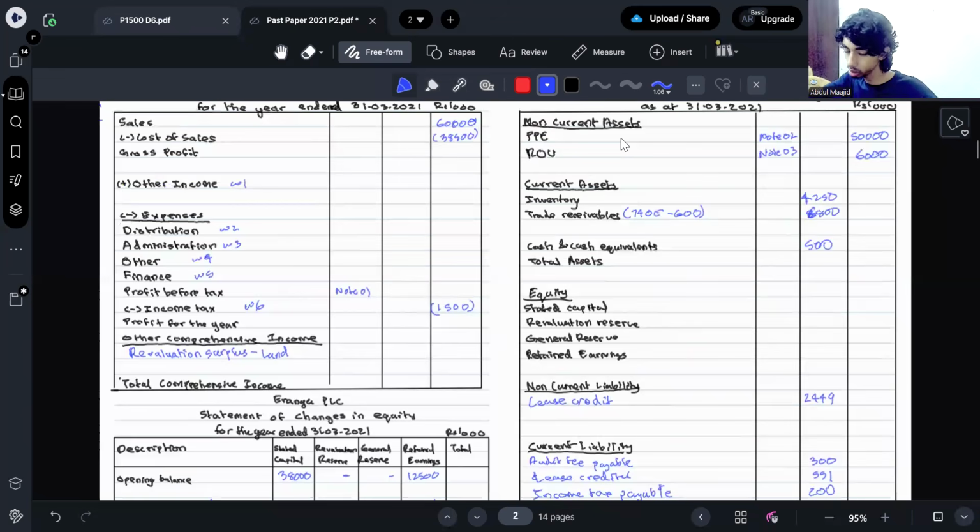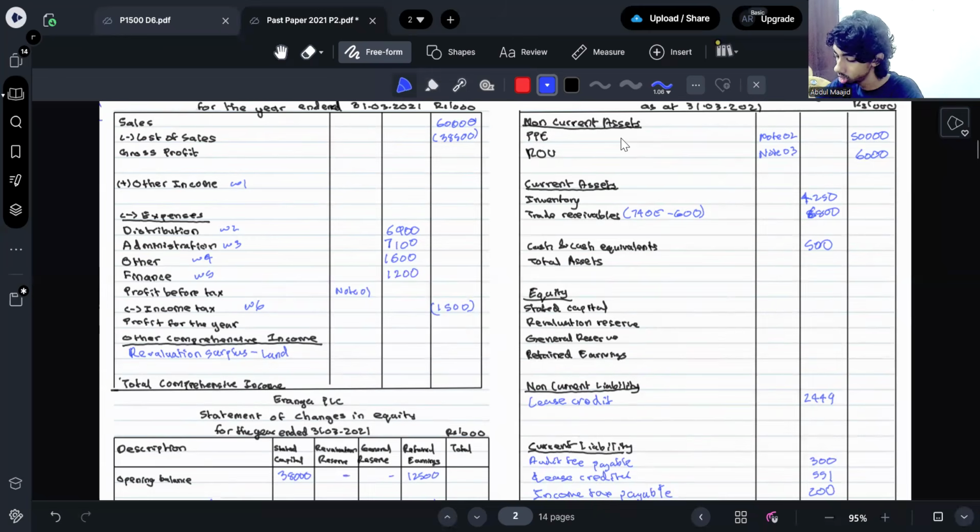Okay. So distribution expense 6,900,000. Administration 7,100. Other expense 1,600,000. Finance expense 1,200,000.